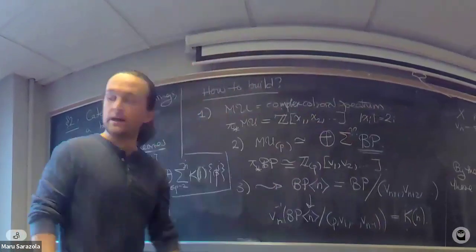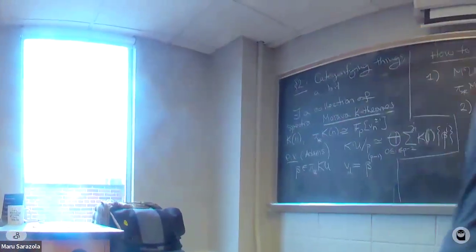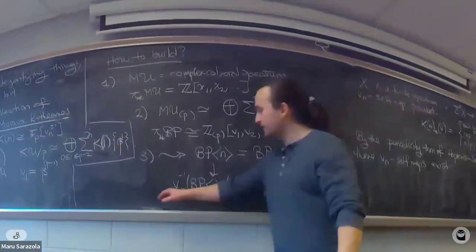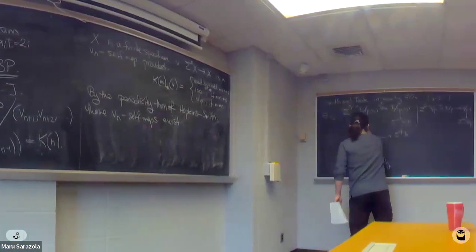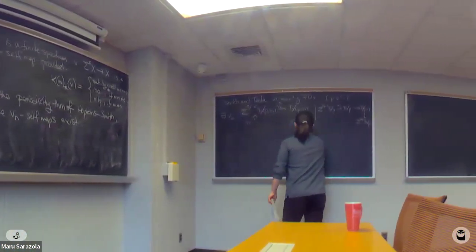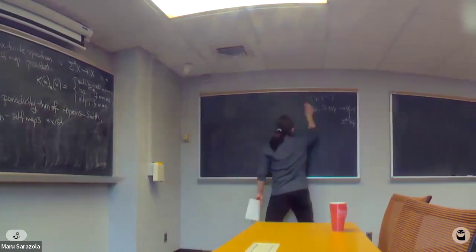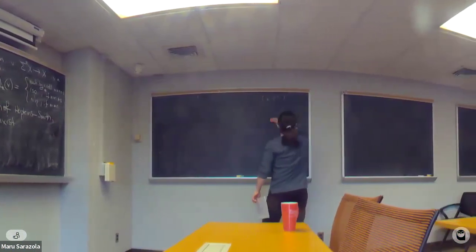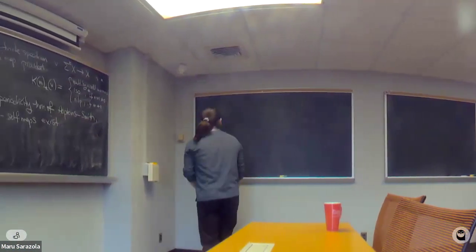And the way that I like to draw this picture is in the following way, because this is, I think, morally or philosophically the kind of thing that you're doing when you construct all of these elements. And this is basically what Hopkins and Smith do.